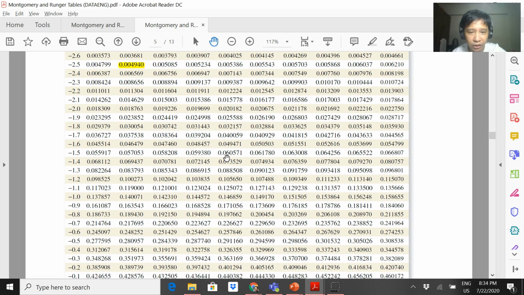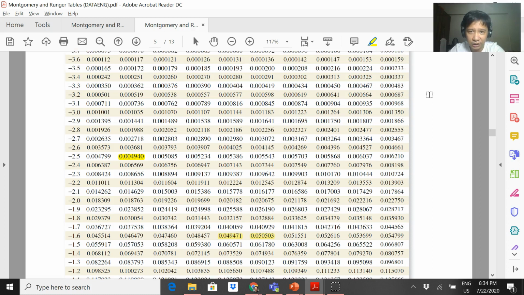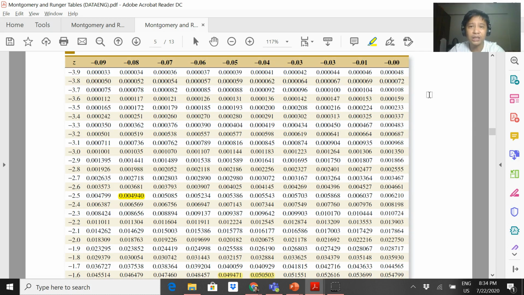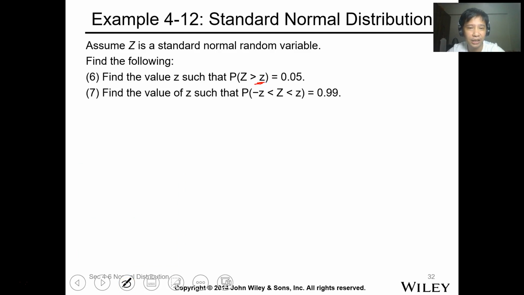So, you can have this value or this value. So, mas malapit tong 0.050. So, that's negative 1.64. So, balik, probability ng Z ang hinahanap.